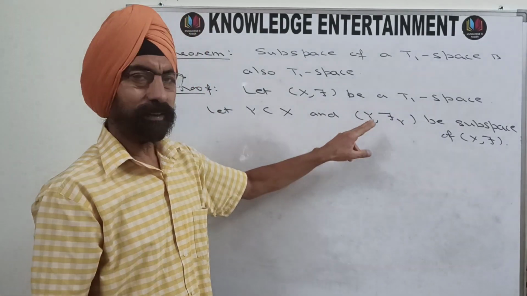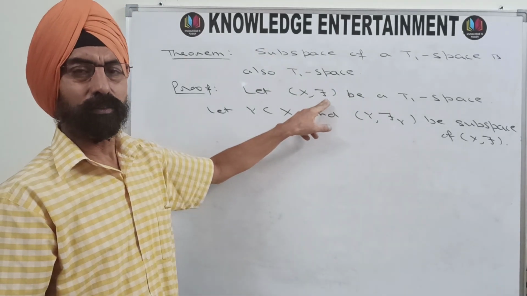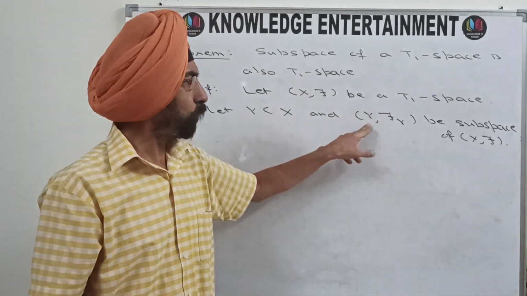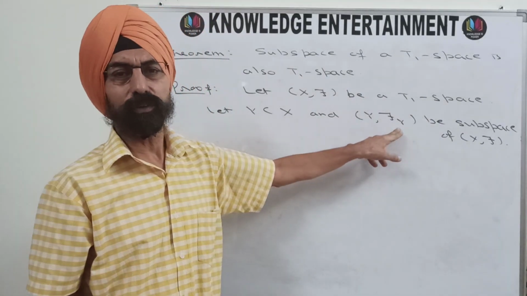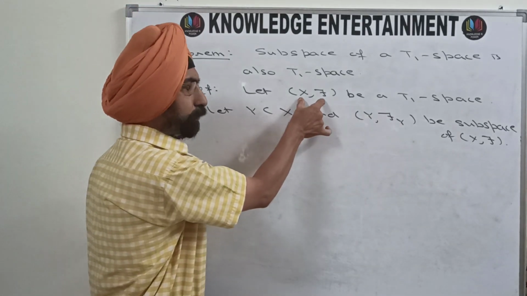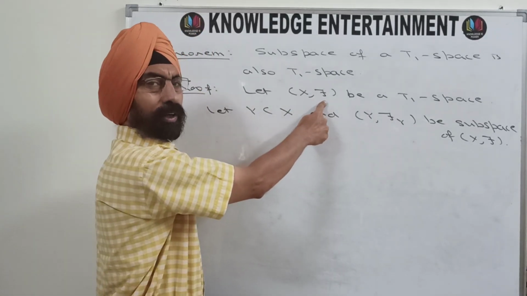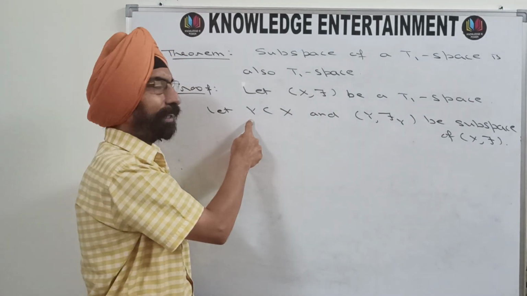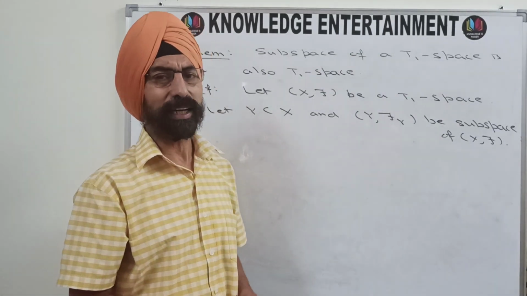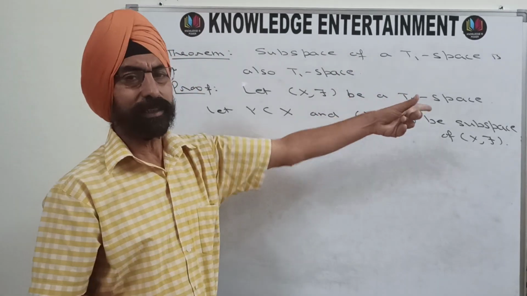Every open set in tau is intersected with Y to obtain the members of tau Y. This is from our previous knowledge: if a topological space is given and Y is a subset of X, you take each and every member of tau, intersect it with Y, and the resultant will be in tau Y. So (Y, tau Y) is constructed in this way, and we have to show that this is also a T1 space. X is given to be a T1 space.